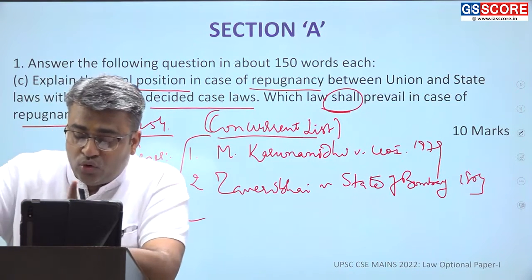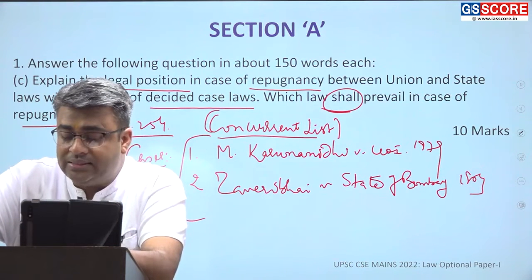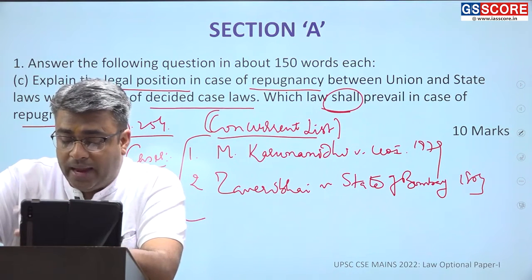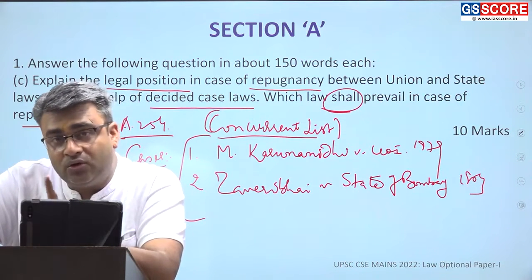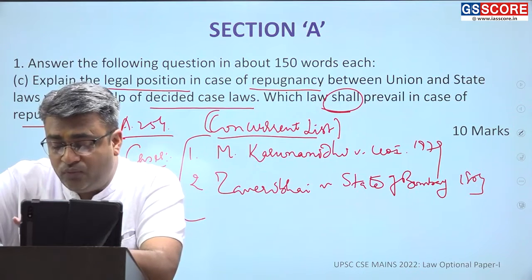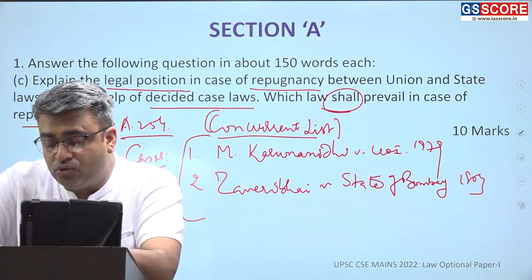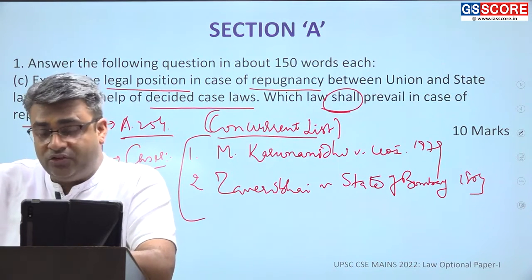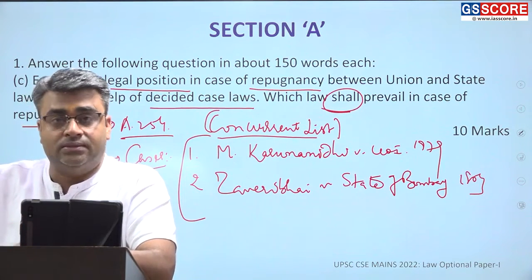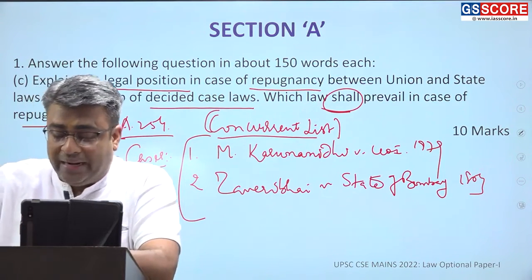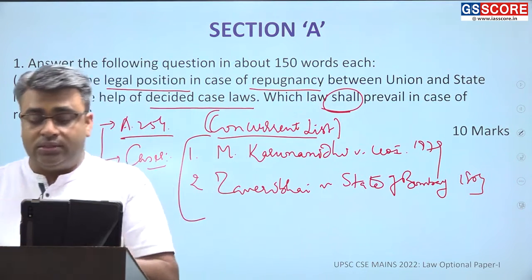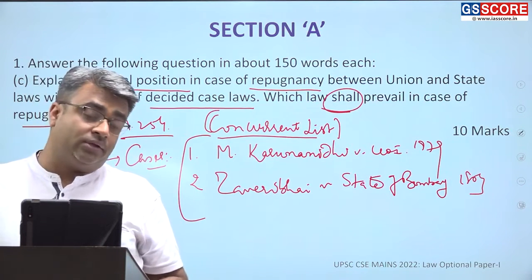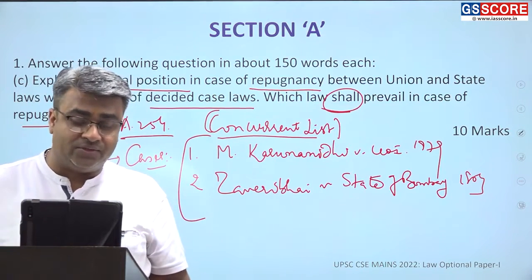Further, there can be no repeal by implication unless the inconsistency appears on the face of the two statutes. And where the two statutes occupy a particular field, but there is room or possibility of both the statutes operating in the same field without coming into collision with each other, no repugnancy results. So these are a few guidelines laid down by Justice Fazal Ali in the case of repugnancy, the test of repugnancy actually.